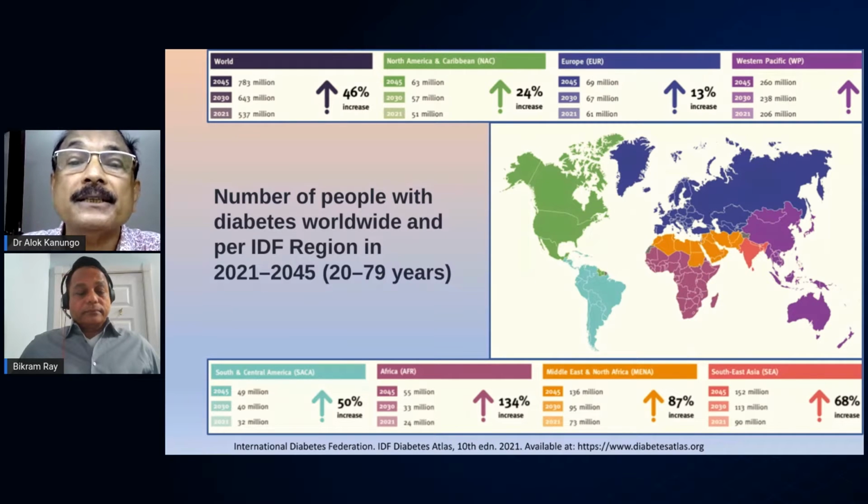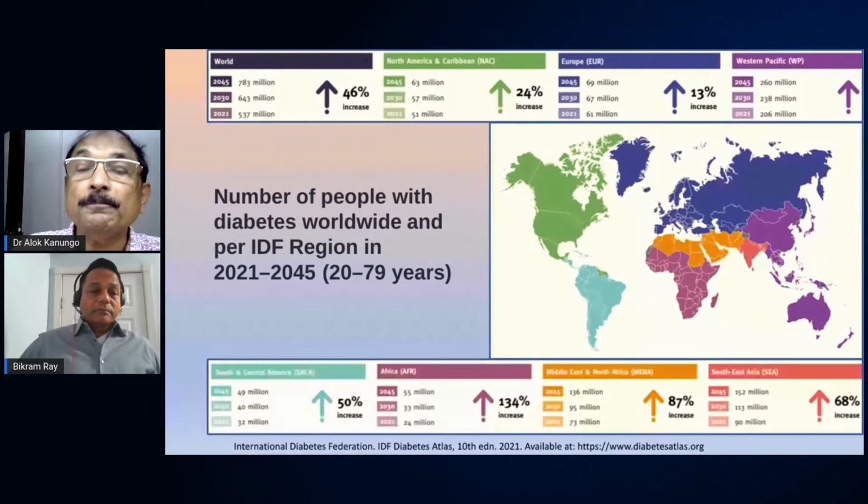There is a projection that, now it is 2022, by 2045 the number of people aged 20 to 79 will be doubled, tripled in the world. And the number will be phenomenal.